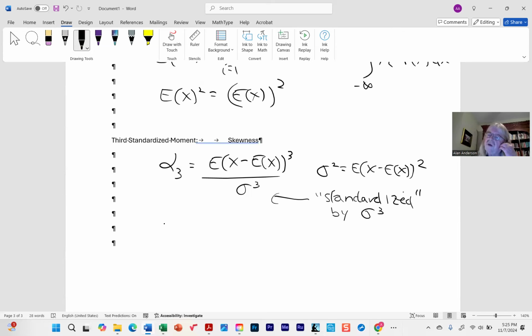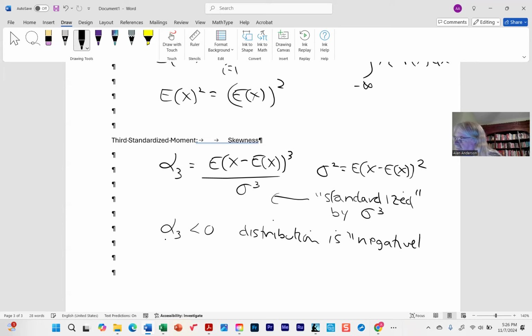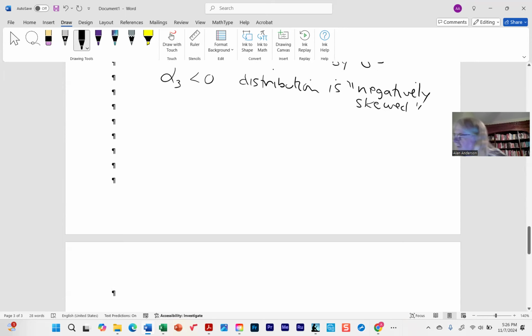So the way this works is that, essentially, for all practical purposes, if this is negative, it means the distribution is negatively skewed. Which means basically it has a long left tail. In other words, something like this.